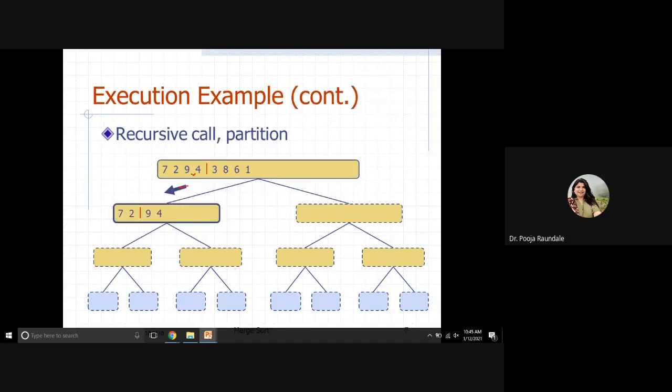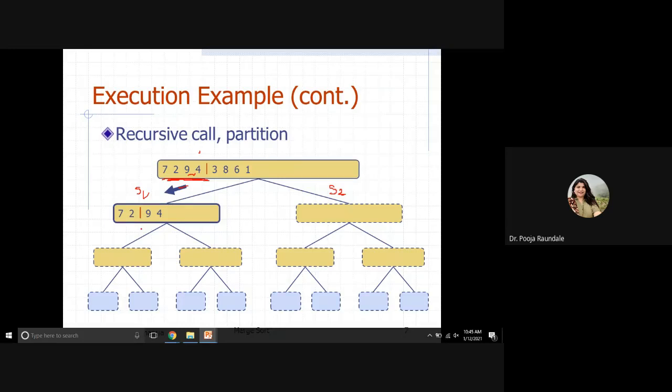So you have this as a partition, okay? 7, 2, 9, 4 is your S1 and this is your S2, right? So 4 elements are partitioned over here, and you are running it recursively.